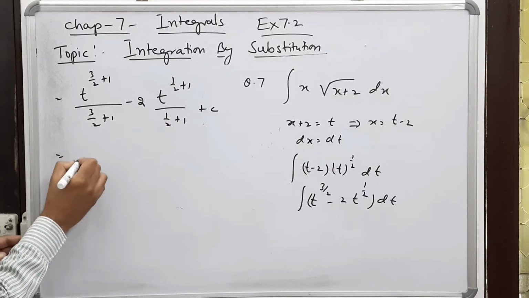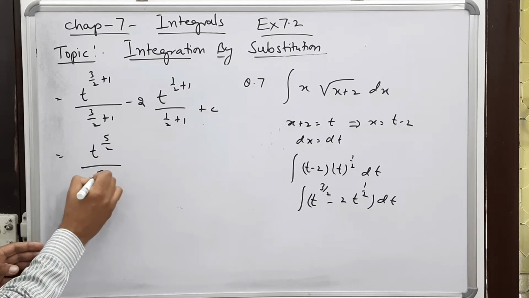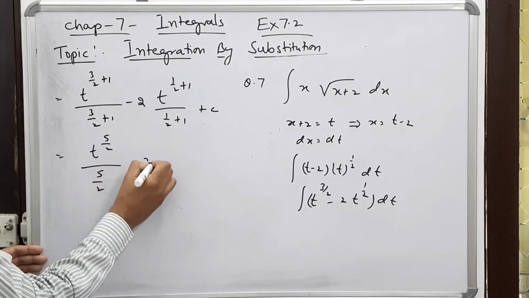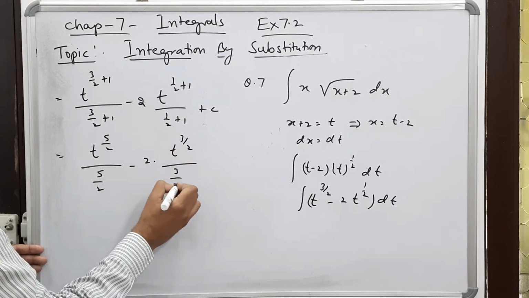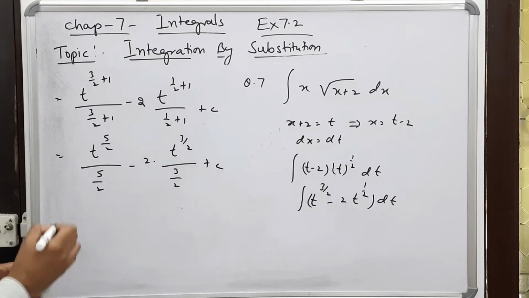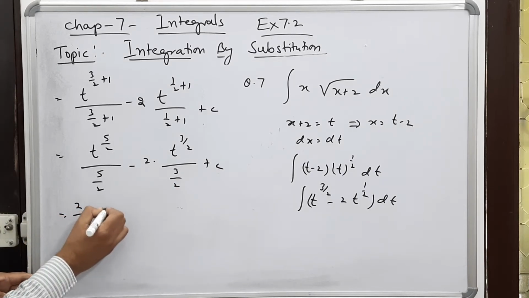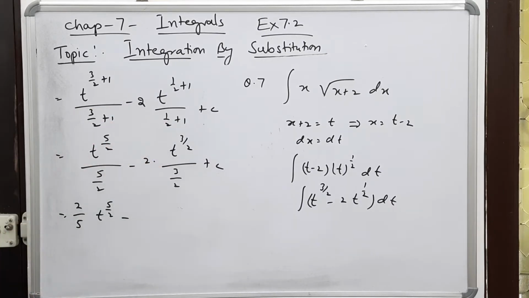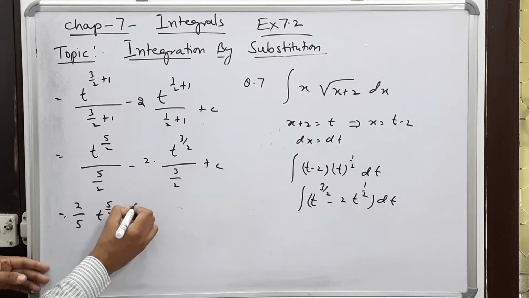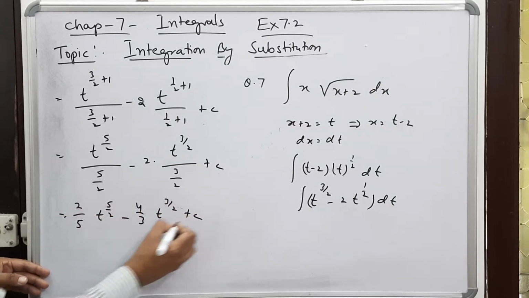So the next step is t power 5 by 2 upon 5 by 2 minus 2 into t power 3 by 2 upon 3 by 2 plus c. So if you take the reciprocal, it is 2 by 5 t power 5 by 2 minus, if you take the reciprocal of this part, 4 by 3 t power 3 by 2 plus c.